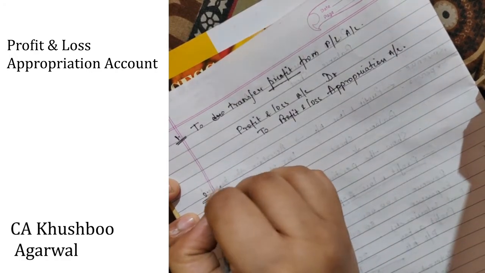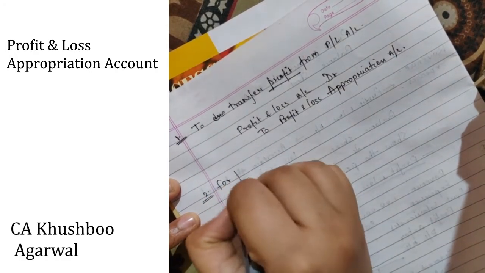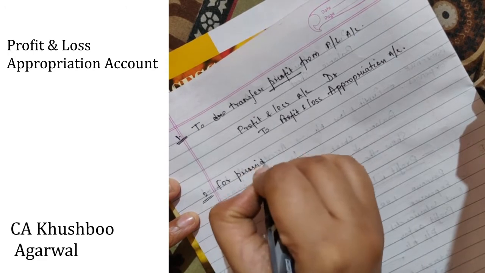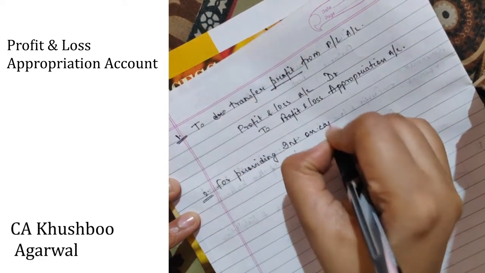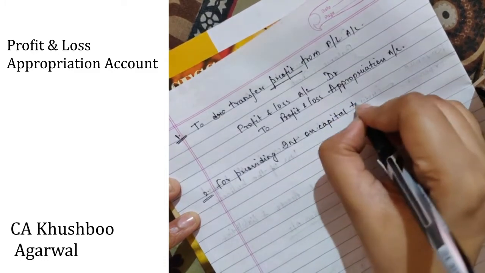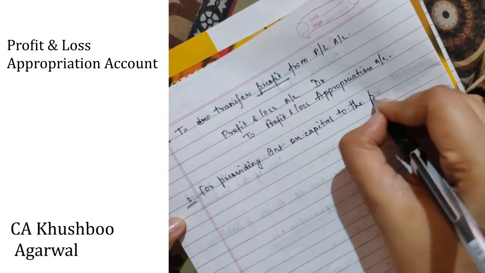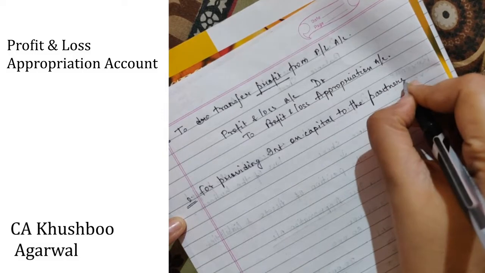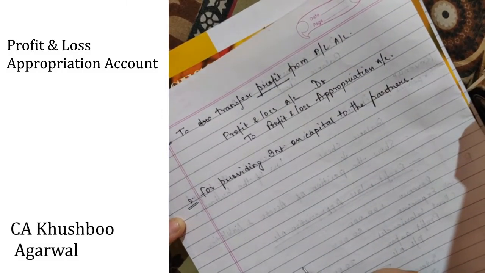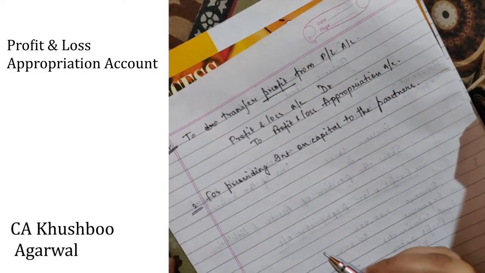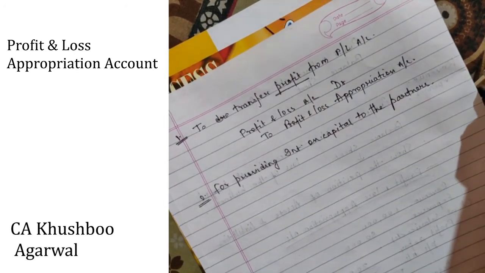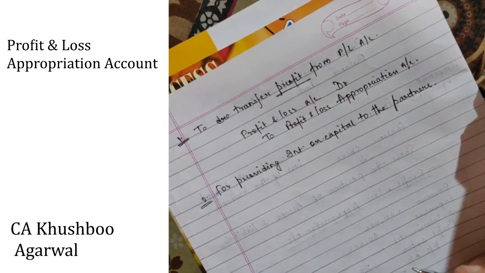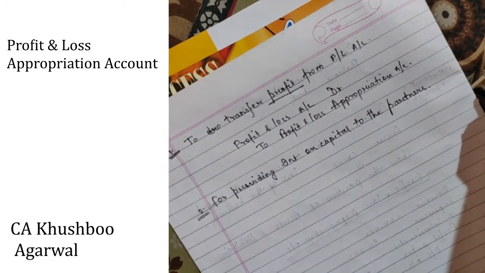Second entry, for providing interest on capital to the partners, the entry will be: interest on capital is a nominal account, so it will be debit all expenses.